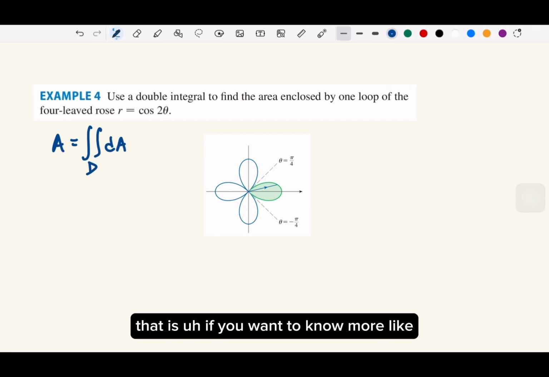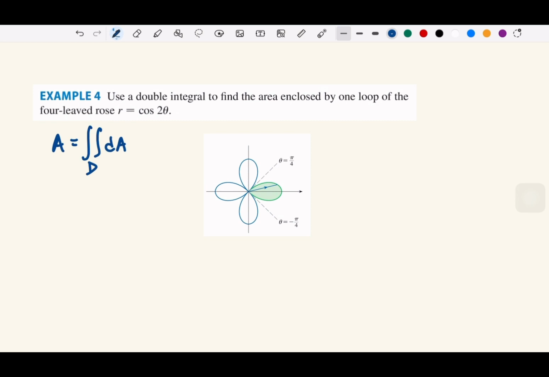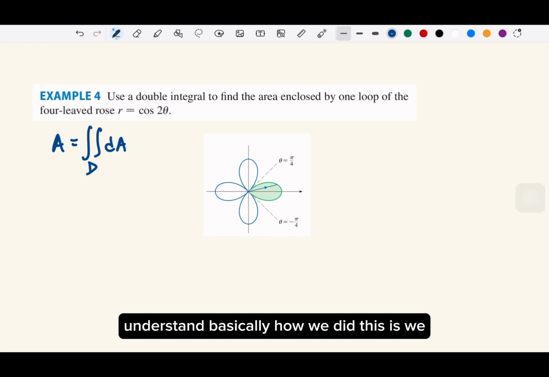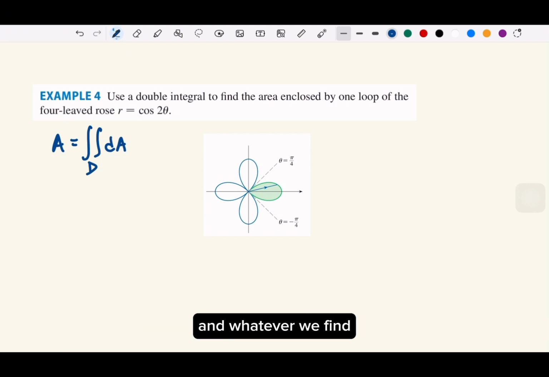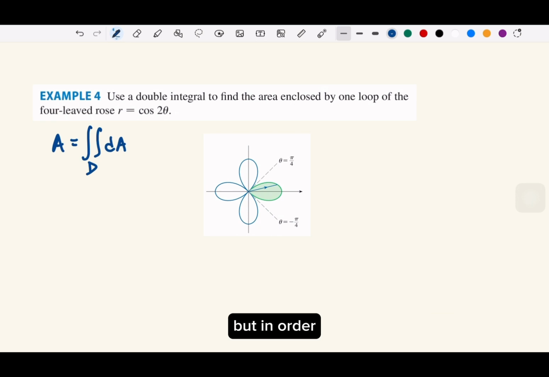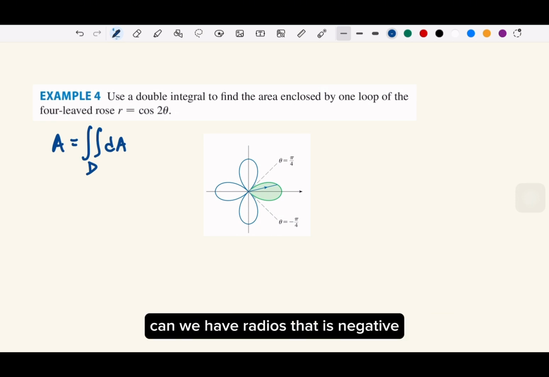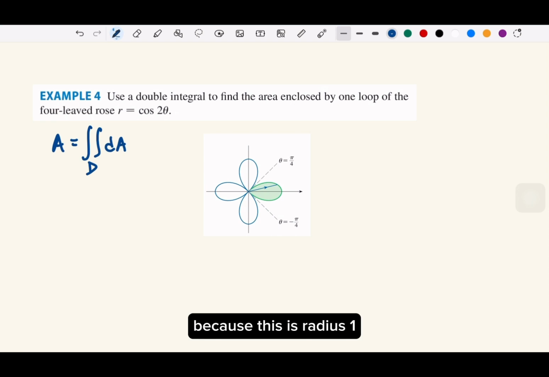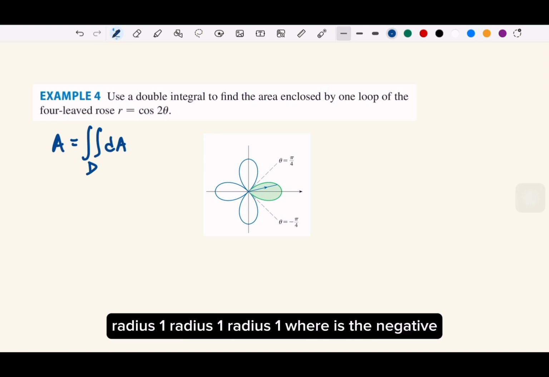If you want to know more, we can review chapter 10, but that will take time, so I will just give you some links to help you understand. Basically, how we did this is we put in the theta one by one and check. Cosine and sine can have negative values, right? But in polar, can we have a radius that is negative? Because this is radius 1, radius 1, radius 1, radius 1. Where's the negative?